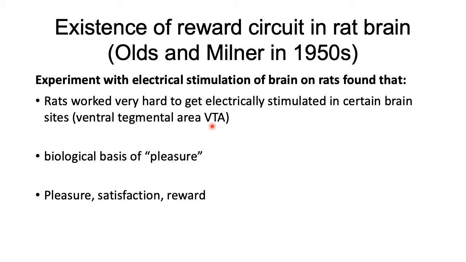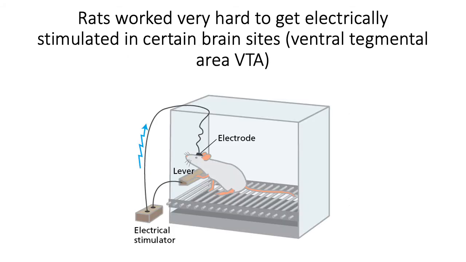There was an electrode connected to it, and the mouse, if it pressed a lever, could stimulate its own VTA at any time it wanted. They figured out through this experiment that this was the biological basis of pleasure. And based on what the mouse did when it pressed the lever, they figured out that it basically relates to pleasure, satisfaction, and reward.